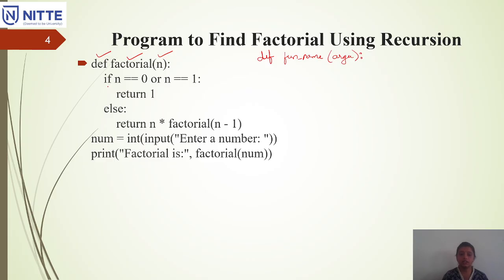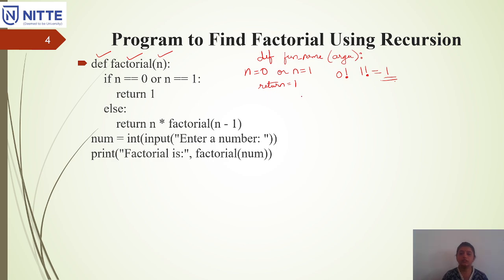Now, I'm giving a condition, that is if n equal to 0 or n equal to 1, then return 1. Why return 1? Because the factorial of 0 or factorial of 1 is 1 according to mathematics.